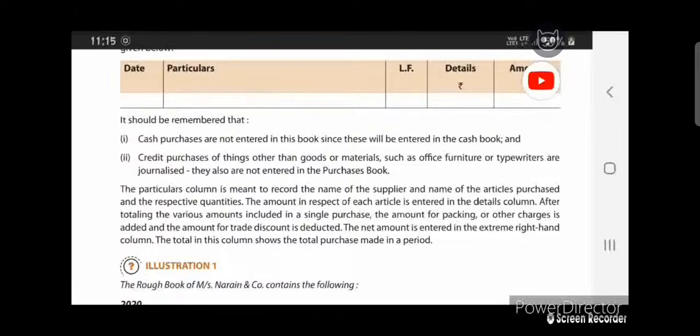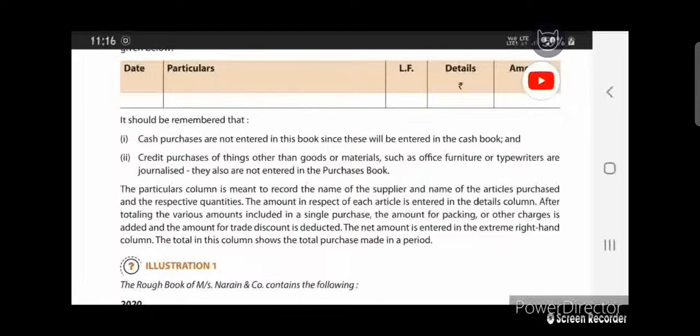Like if a supplier has come and given the goods to you, you have to write his name and how much quantity of goods he gave to your company. And the amount in respect of each article is entered in the details column.